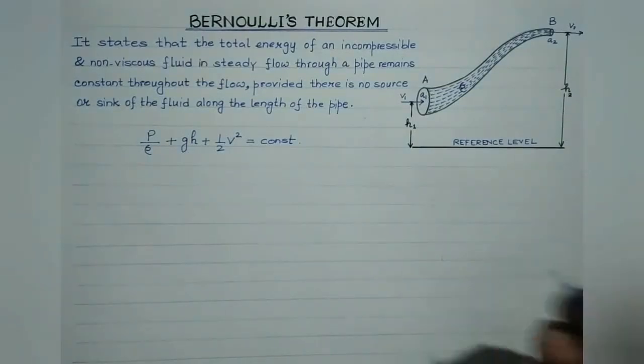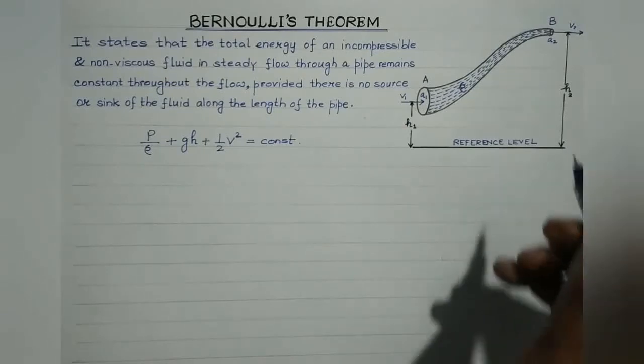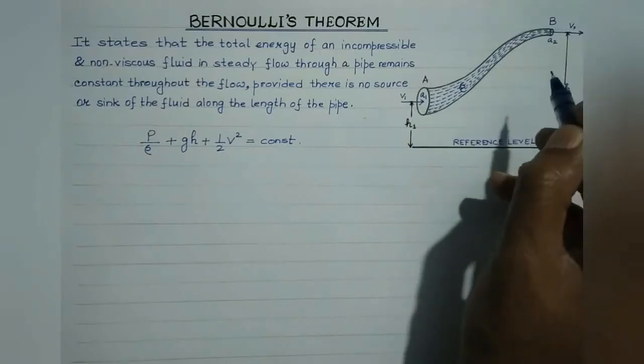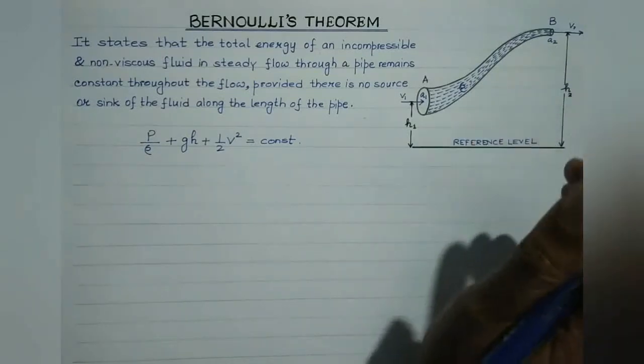Now students, we are already aware of the equation of continuity, isn't it? Now, in accordance with the equation of continuity, the mass m of the liquid crossing any section of the pipe per second should be constant.